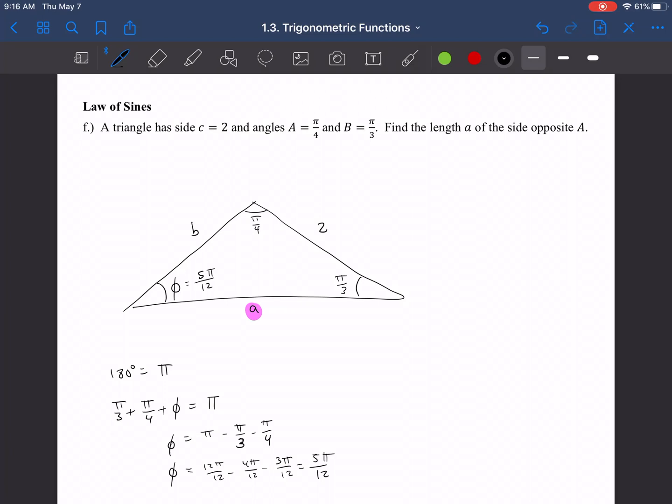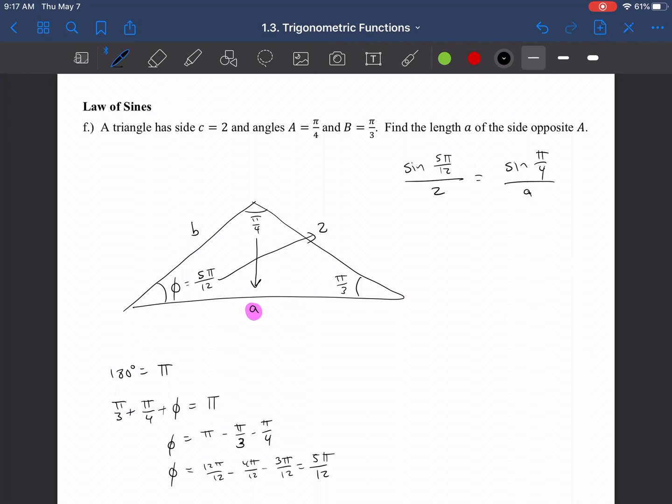Okay, and then we can set up our ratio. We can do the sine of 5 pi over 12 divided by the side across from it, the 2, and we're going to make that equal to the sine of pi over 4 divided by the side A across from it, which is what we want.